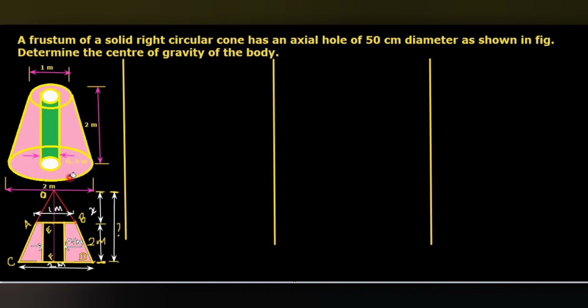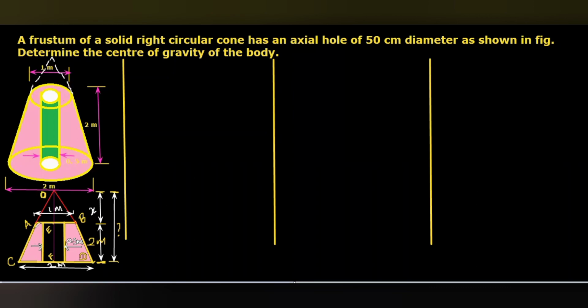From the frustum of a cone, an axial hole has to be made with a diameter of 50 centimeter. That is also shown here. So from this diagram, this 2D projection has been drawn. First of all, for our convenience, I am going to extend this frustum of cone and we will get a large cone.